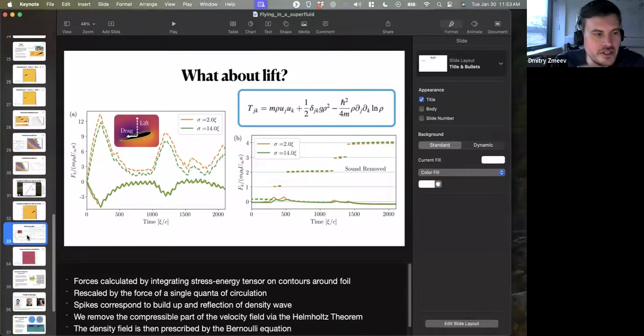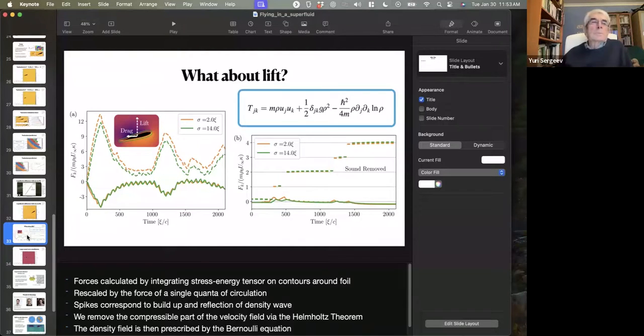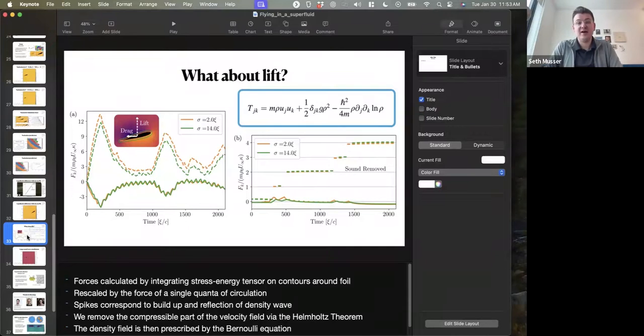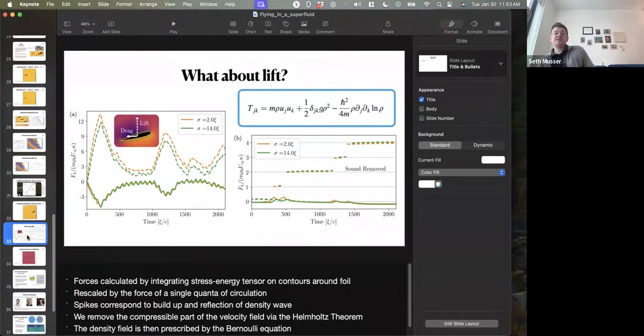Yeah, well, I can see that the drag actually gets negative at some point. Yeah, so I chose a sign of the drag so that it was negative. So positive drag here would be pushing the foil forward. This is just to make it easier to visualize the graph so that we don't have competing lift and drag lines. But if you remove sound, the plot on the right. Oh, yes, you're right.